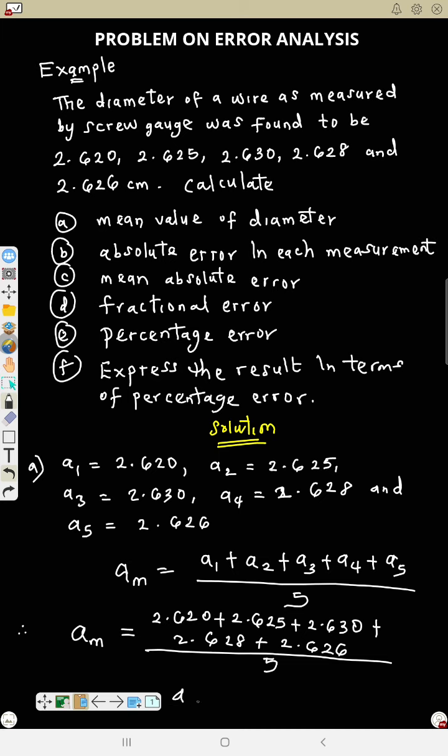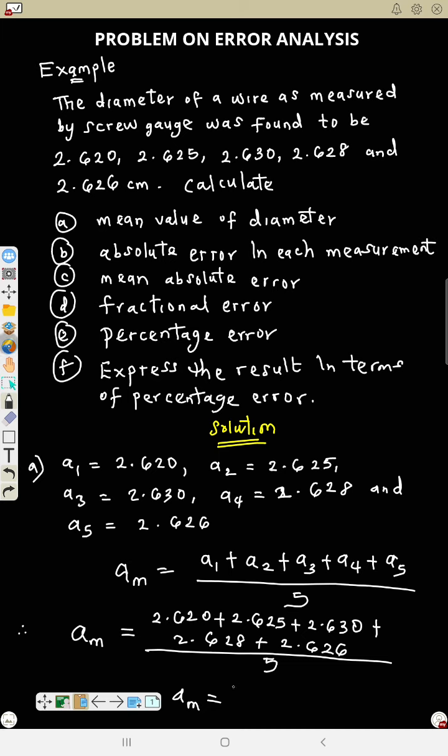So the mean value equals, add everything together and press your calculator: 2.620 plus 2.625 plus 2.630 plus 2.628 plus 2.626.